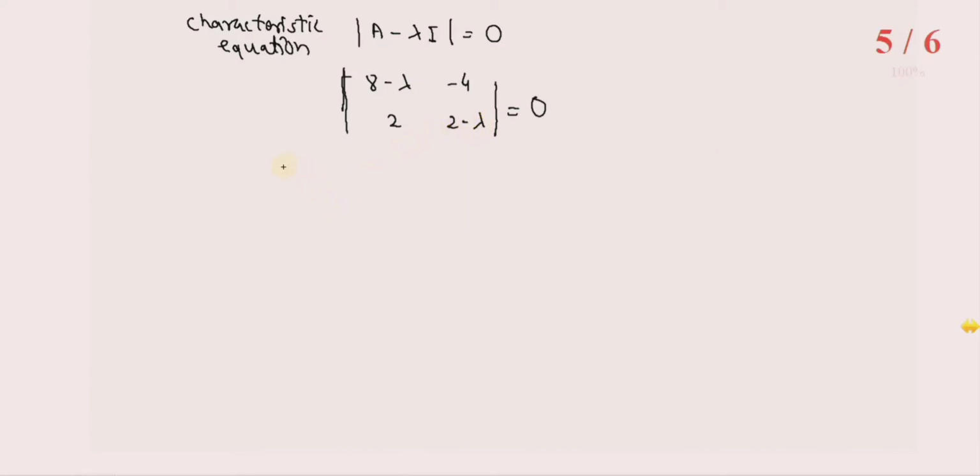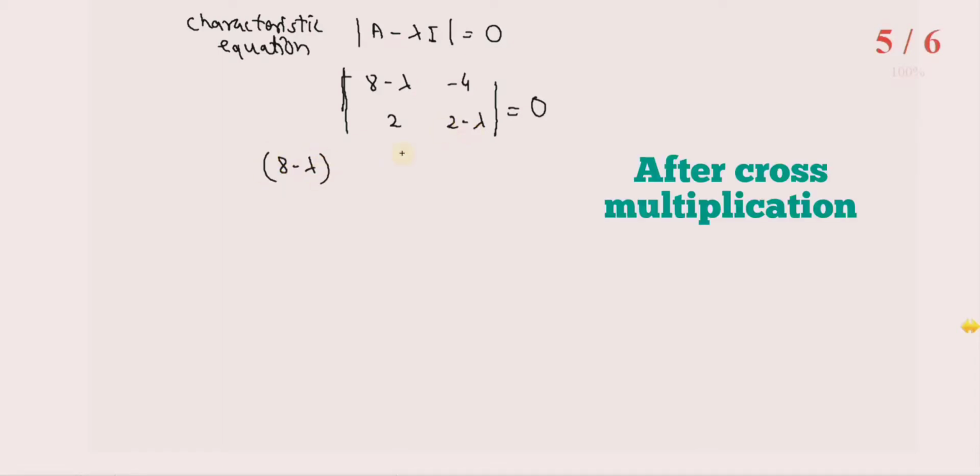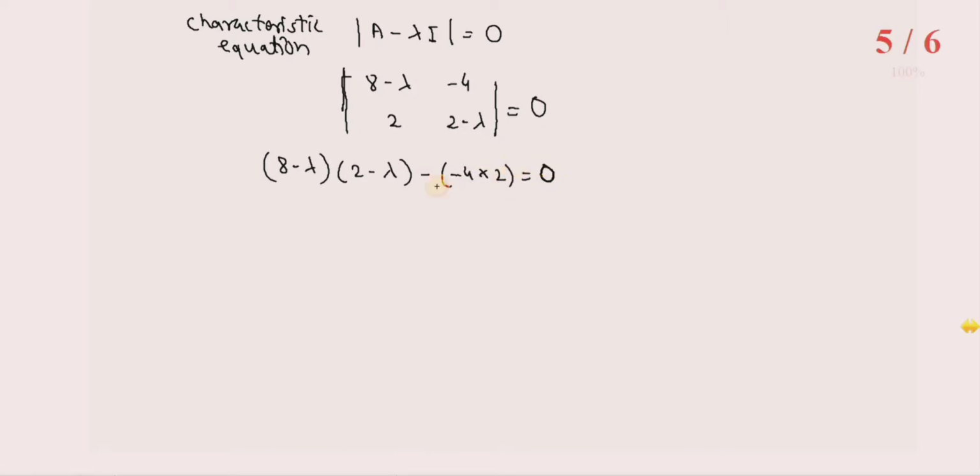So now we'll take the determinant. By cross multiplication we are getting 8 minus lambda into 2 minus lambda, plus minus 4 into 2, equal to 0.